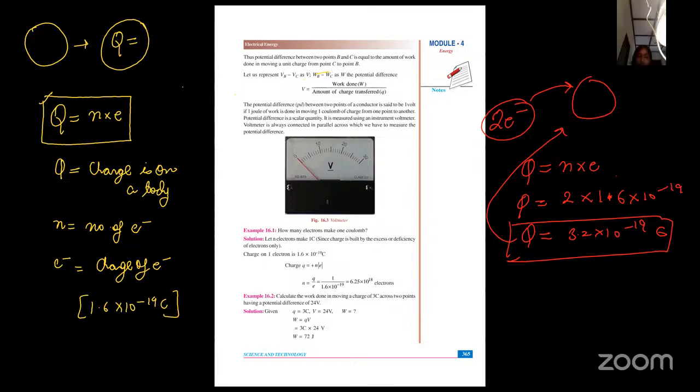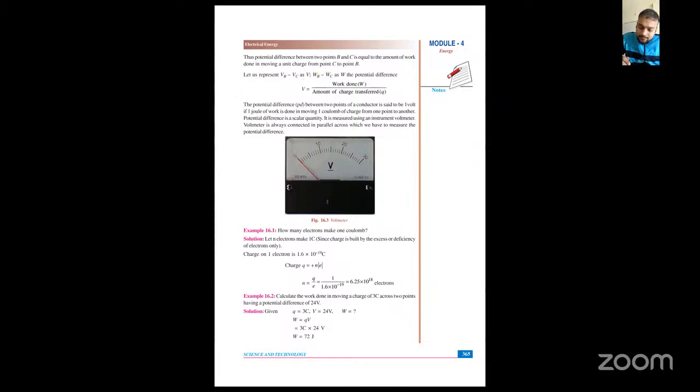Yes, sir, understood. Okay, now in this question, guys, see, the body has 1 coulomb charge. We know Q is equal to N into E, and we have to find the number of electrons. How many electrons make the body 1 coulomb charge?